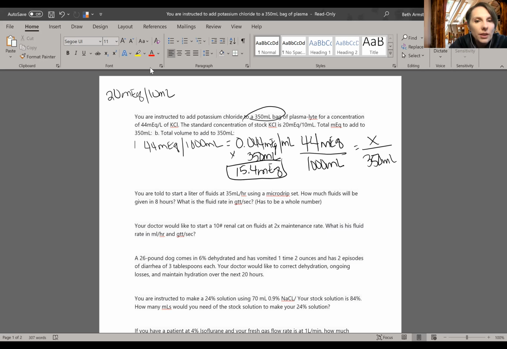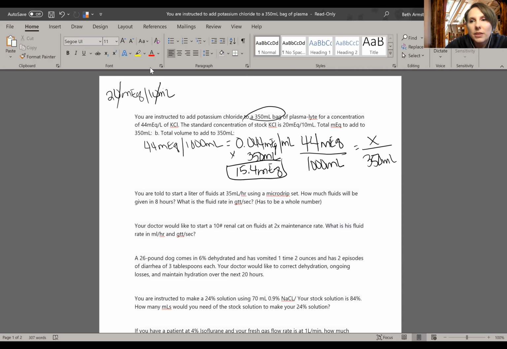So if you have that, you just need to simplify it down to 1 mL. Anytime you see that with extra zeros in there, you just cross out the zeros you don't need. So it's actually 2 milliequivalents per mL.